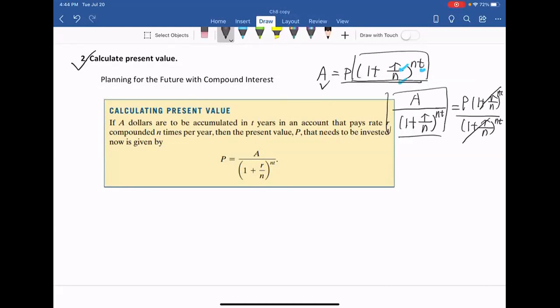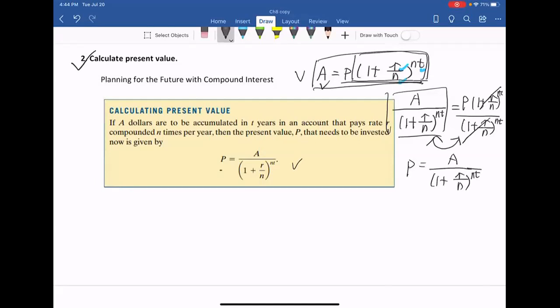I can switch the position of P to the left-hand side. So P equals A over (1 plus r over n) to the nt. If the question didn't provide you the formula, you can use the future value formula and convert it to the present value formula. We can find the present value.